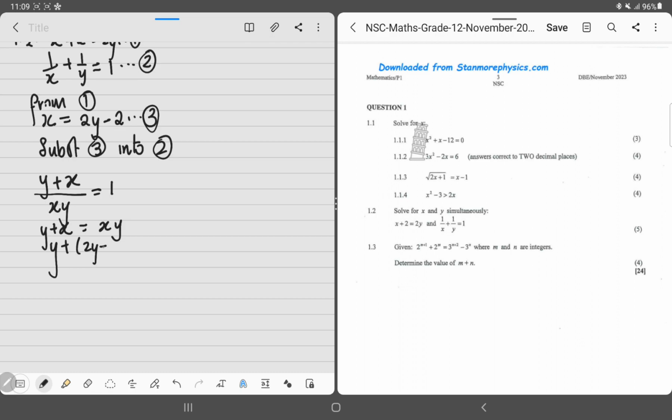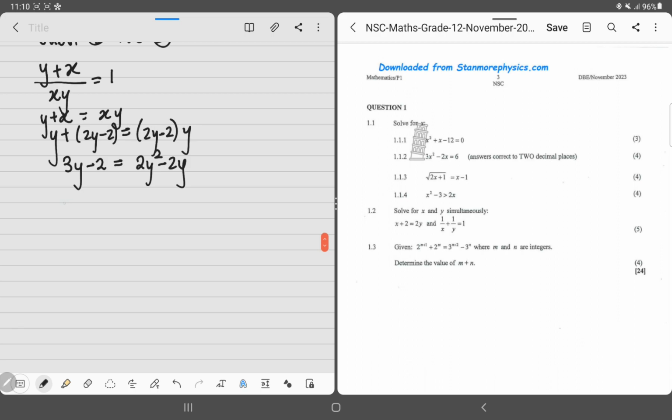So it's 2y minus 2, which is equal to 2y minus 2 multiplied by y. This is 3y minus 2, which is 2y squared minus 2y. So 2y squared minus 5y, and it's 2y squared minus 5y plus 2, which is equal to 0.